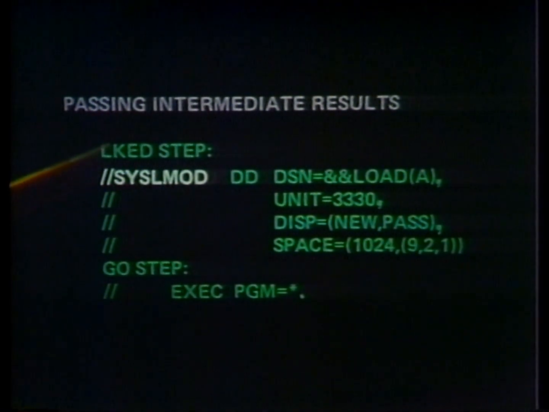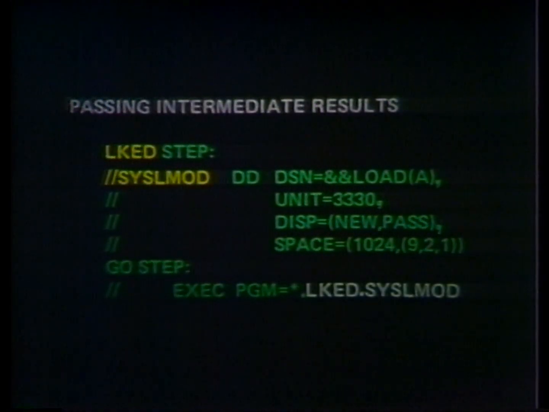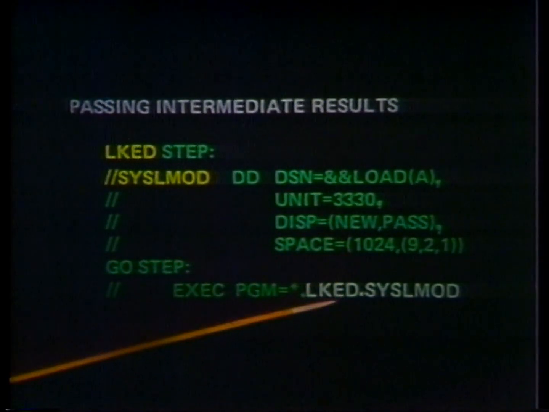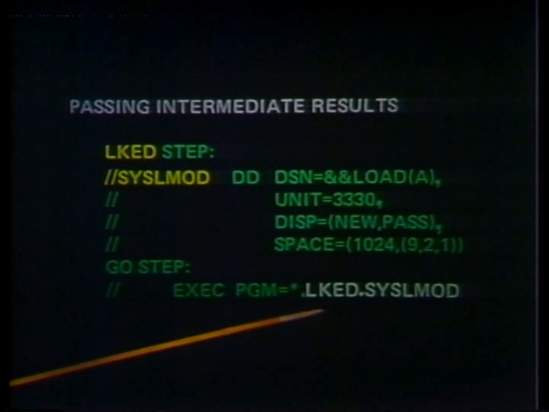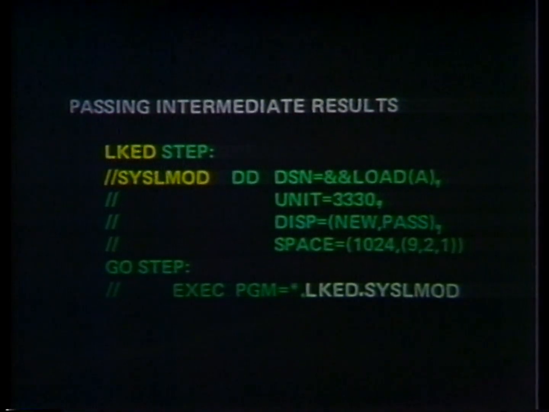This DD name and the name of the link edit step completes the backward reference here. DD statements to specify the test input and the output test results are required also, but we won't discuss those here.